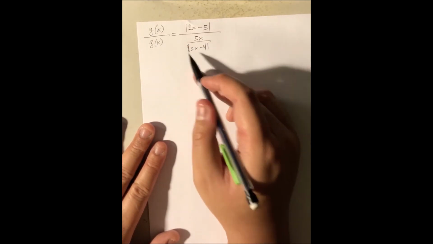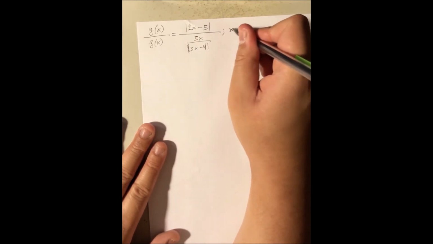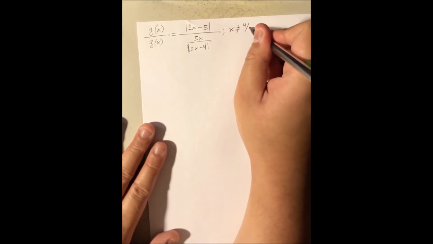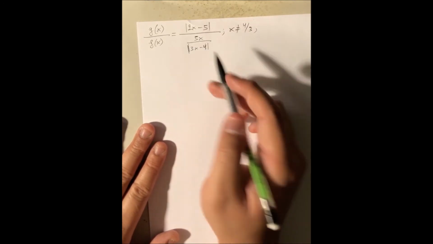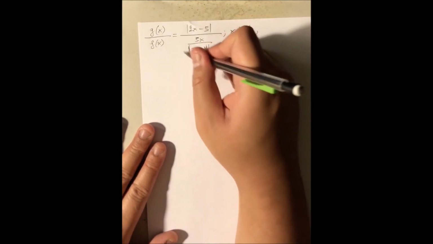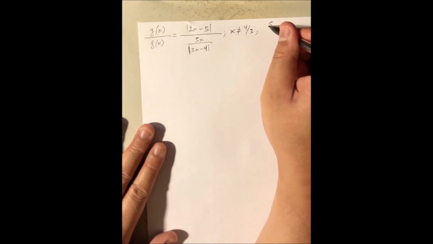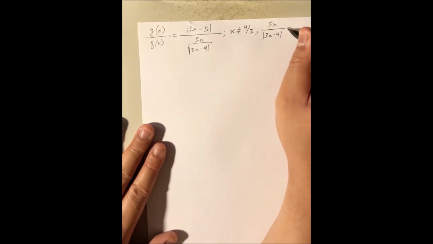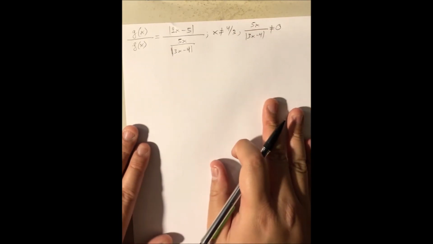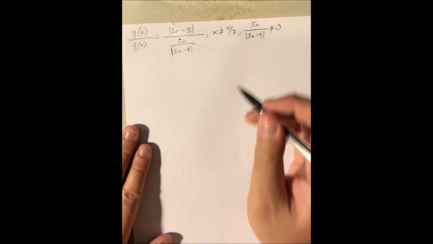Looking at this little denominator, we can tell that x cannot be equal to 4/3 as usual. But at the same time, we have to consider the entire denominator as well. So we take this whole denominator, 5x over absolute value of 3x minus 4, and we set it not equal to 0 because it's a rational equation.